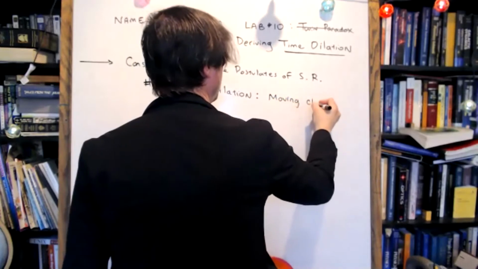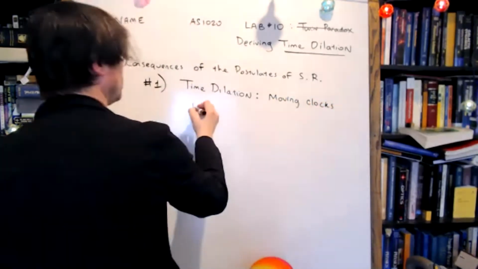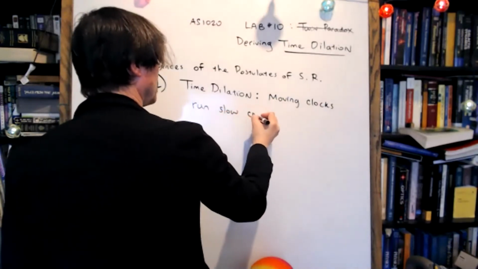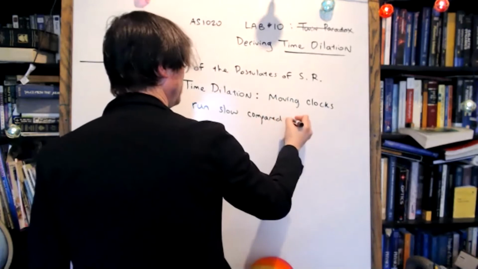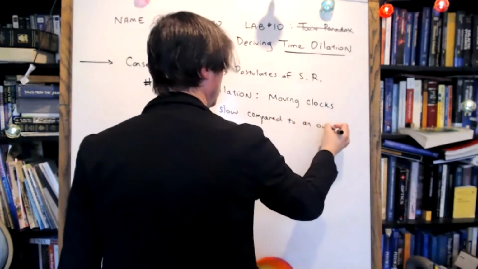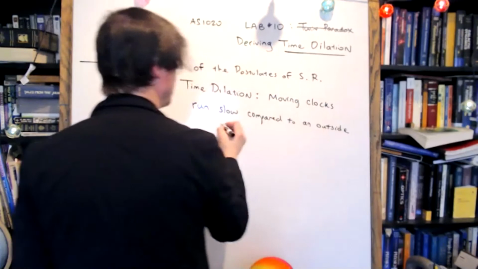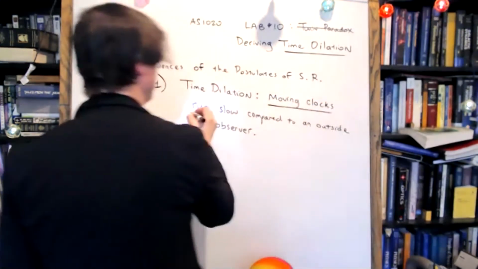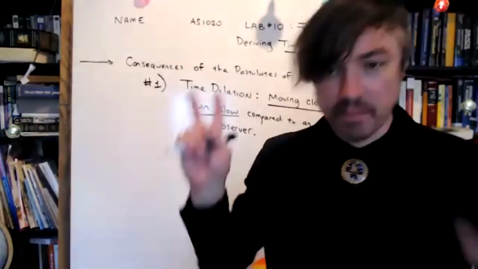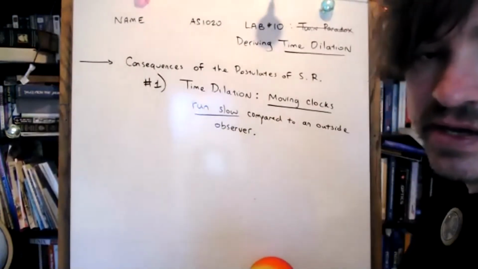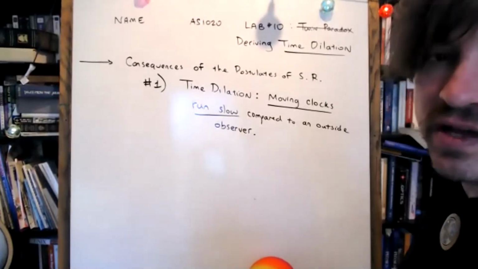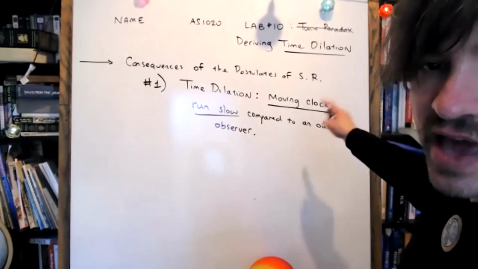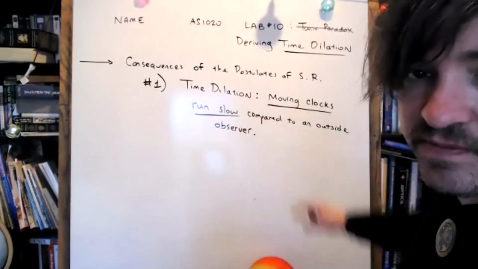It means moving clocks run slow compared to an outside observer. Or the short version, the mantra that I'd like you to keep in your head: time dilation means moving clocks run slow. And there's actually a formula that lets you calculate the different rates of time for the two observers.